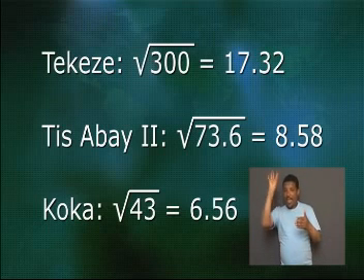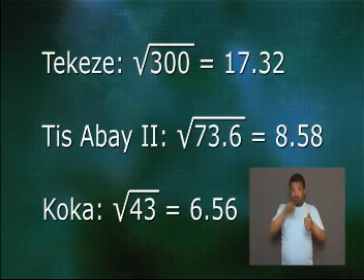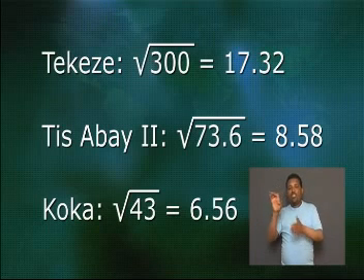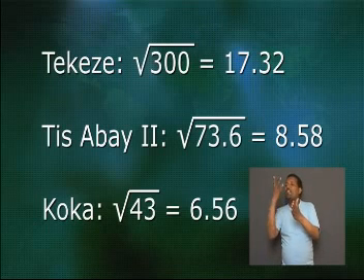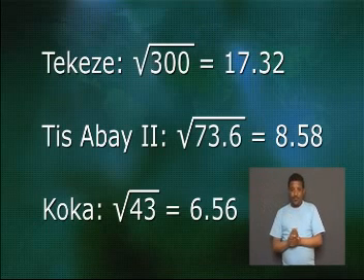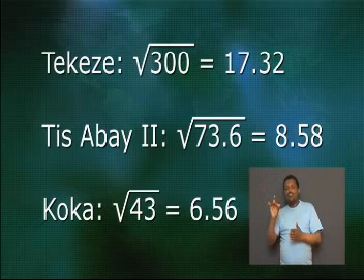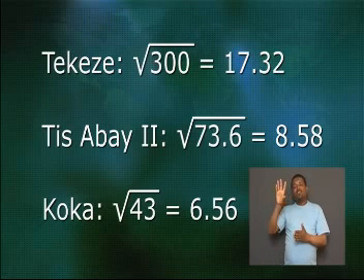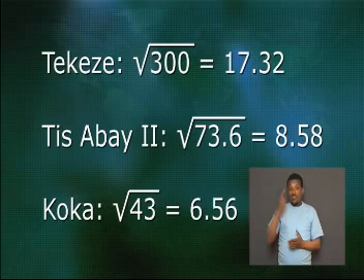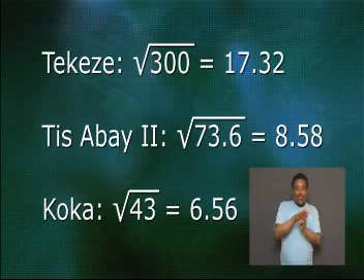The square root for the first river value is 17.32, and it is 8.58 and 6.56 for the Addis Ababa 2 and Koka rivers, respectively.